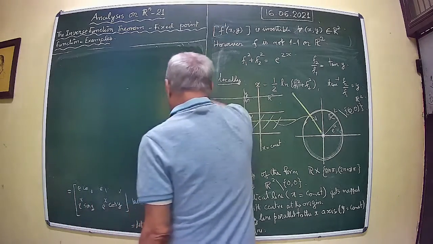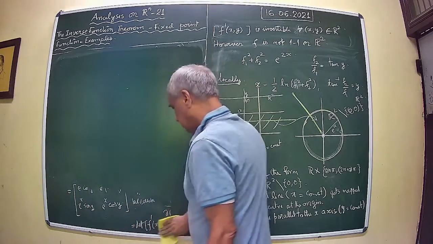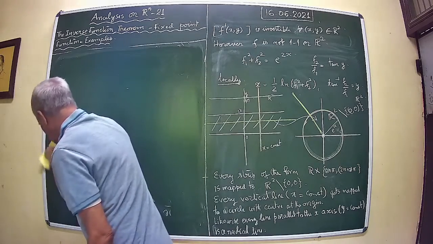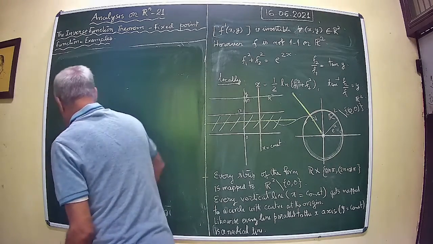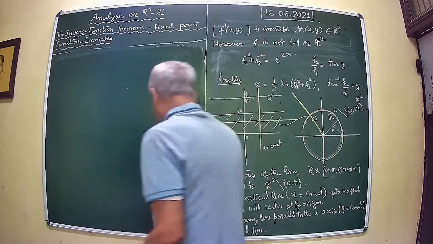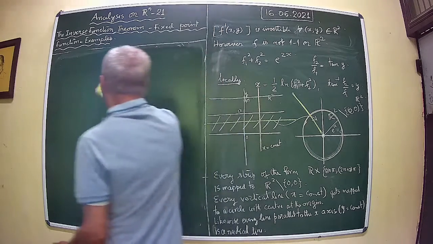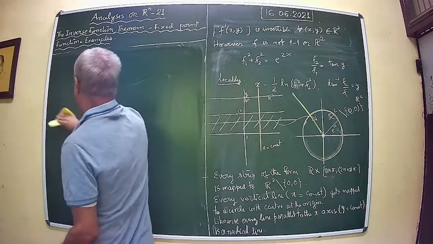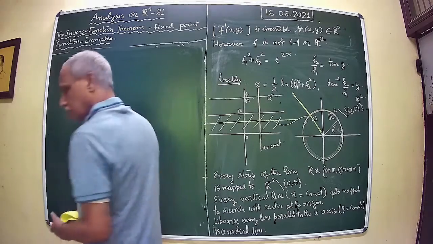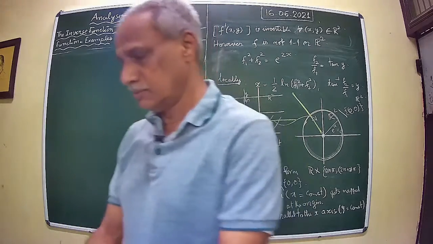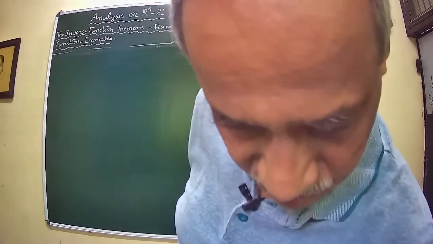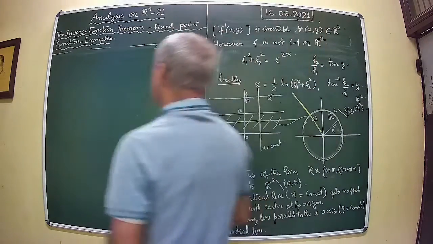We have had an assumption that f is a C1 map. Next example.